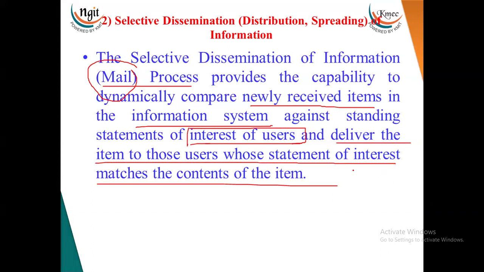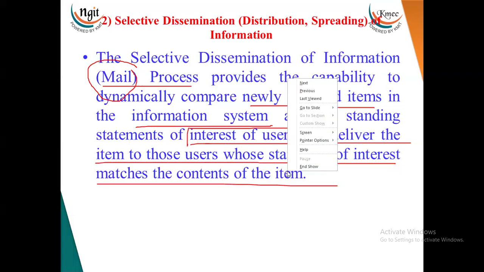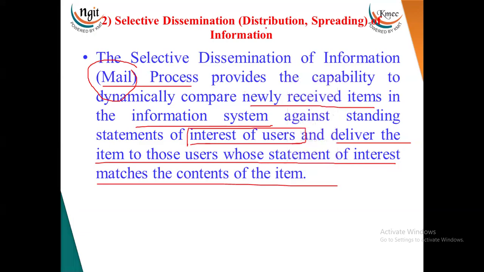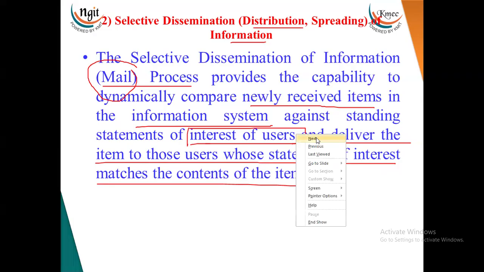For example, I'm doing more shopping on Amazon, so the mails related to that will be captured and delivered to users who show interest in that. So this is selective dissemination: distributing and spreading the information. This is another functionality we can use for information processing.